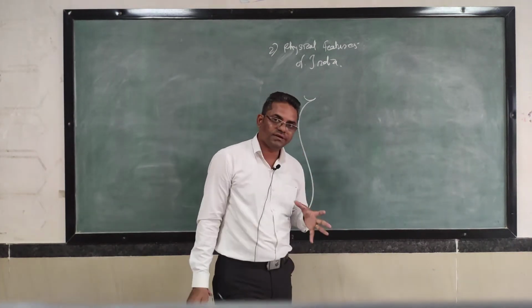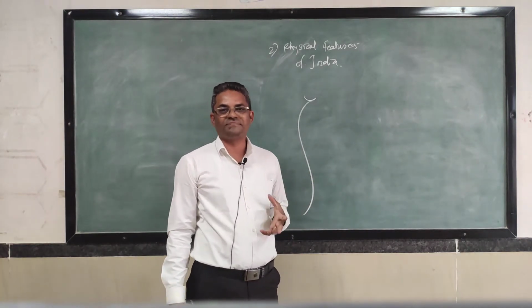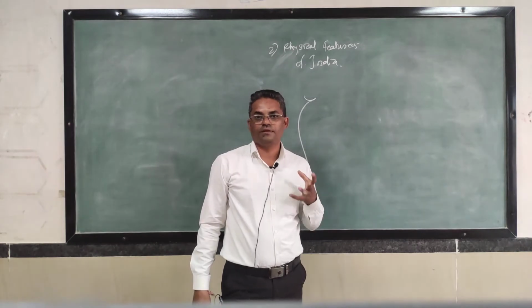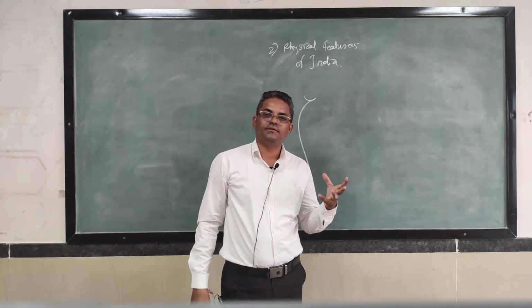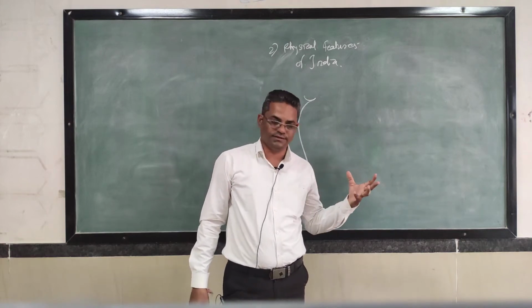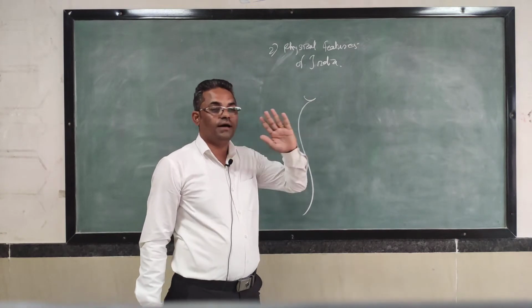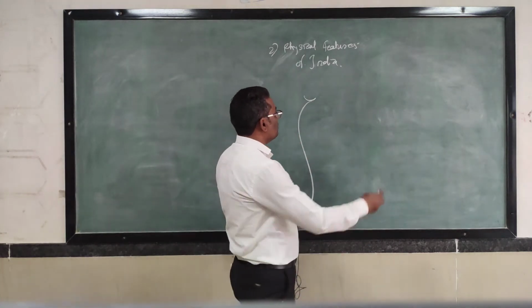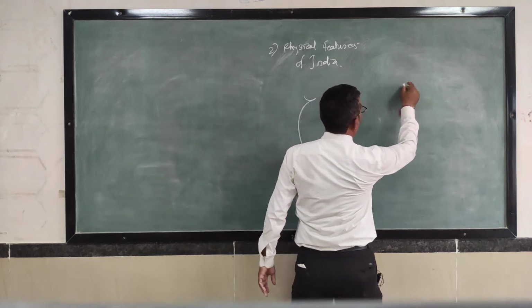Now, what are the physical parts in geography that we always study? Mountains, plateaus, plains, peninsular plains, and coastal lines. Now all these physical features are available in India and scattered. So let me make a diagram first of what we are going to learn.